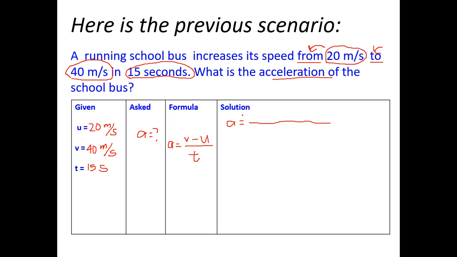So you know that your V is equal to 40, so you have 40 meters per second. That is your V. And then minus your U, here goes your U. That is 20 meters per second, and then all over time. So your time is right there.